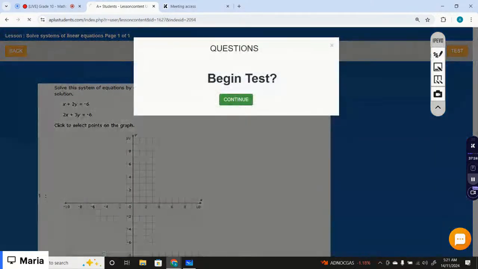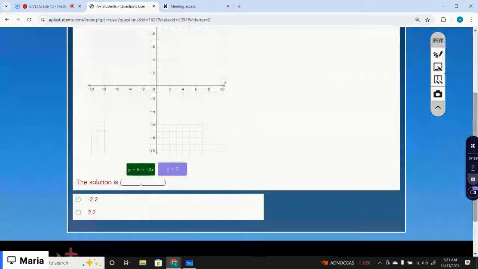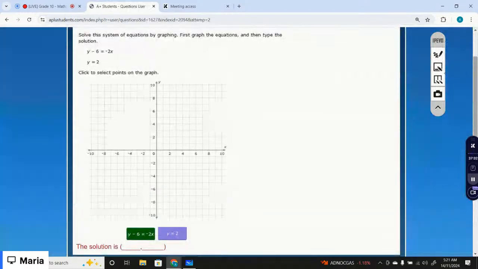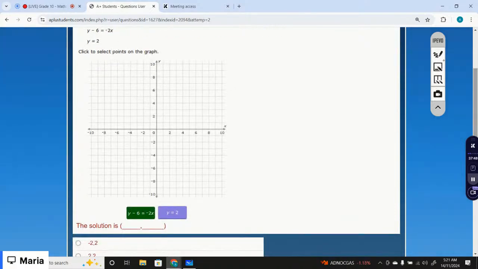You can have a look at the tutorial by yourself later today because that is already solved, right? Solve the system of equations by graphing. First, graph the equations and then type the solution. The equations you are given are y equals 2 and y minus 6 equals minus 2x.